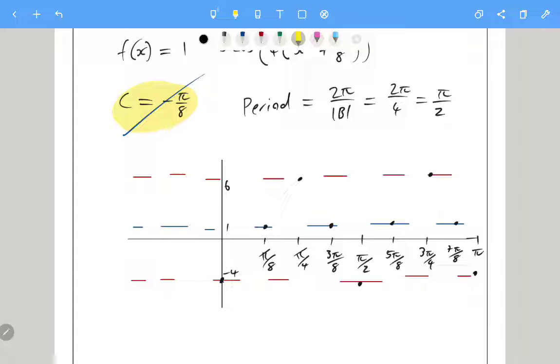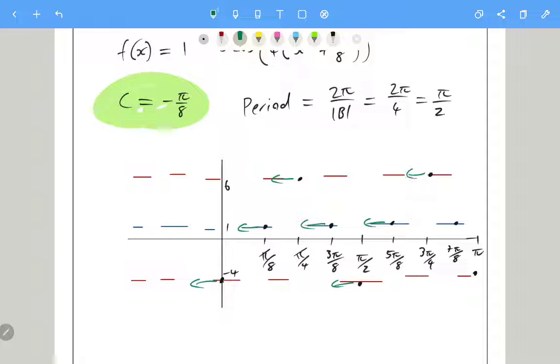Now we've got to do the annoying bit, which is the phase shift. However, the phase shift doesn't look so bad anymore. We're shifting the whole thing to the left by pi on 8. Well, good thing we've been counting in pi on 8. So every single point, I'm going to do this in green, is going to shift over pi on 8, which is exactly as far as the next little marker I've made.